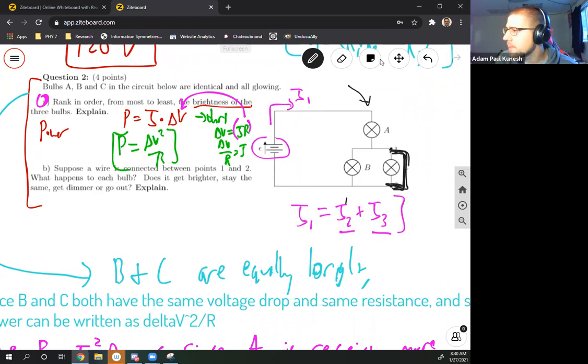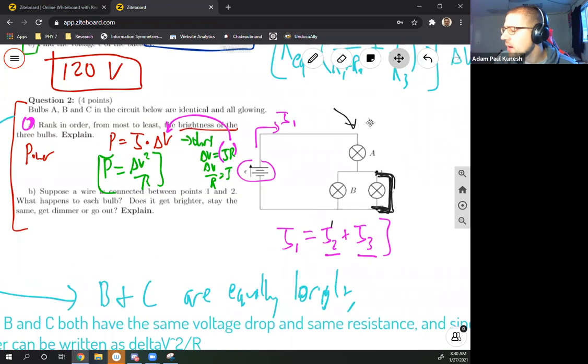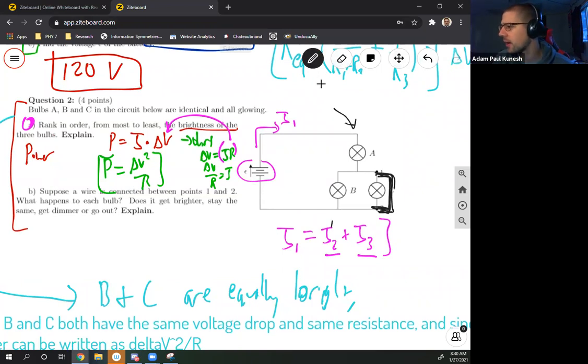We talked about shorts two times ago, and maybe briefly in the last problem solving session, but I know that one was a little harder to access. The deal with a short like this is that any two points connected by a wire must be at the same voltage. That means the change in voltage between points 1 and 2, now that I'm connected by a wire, is 0.